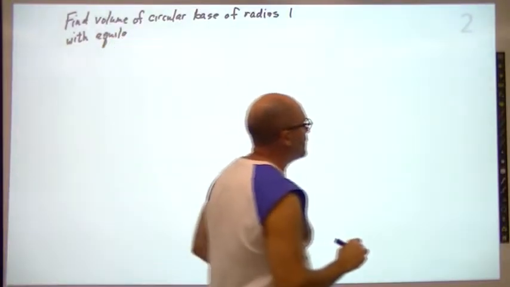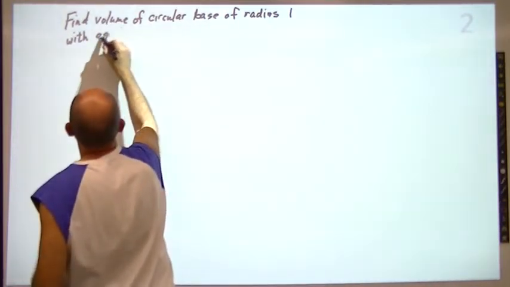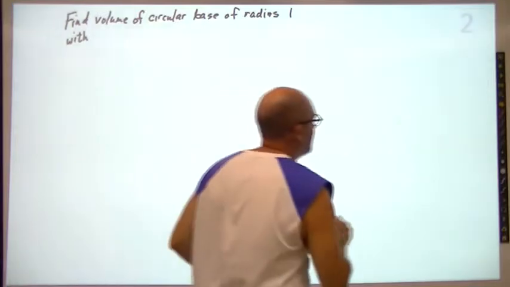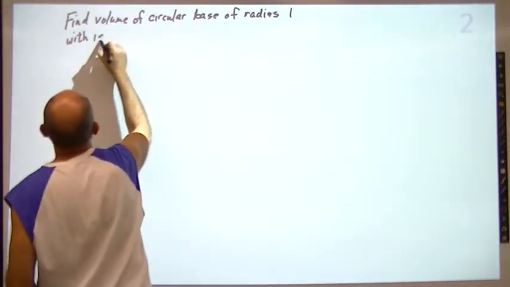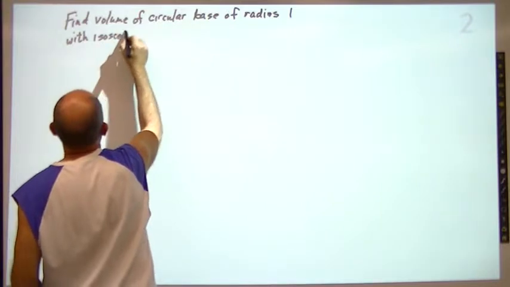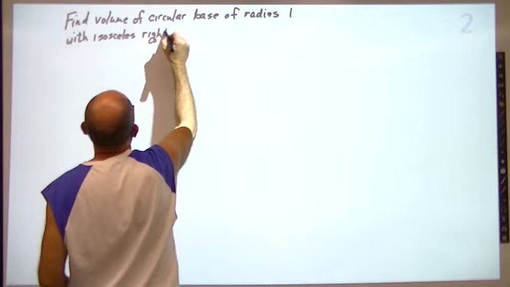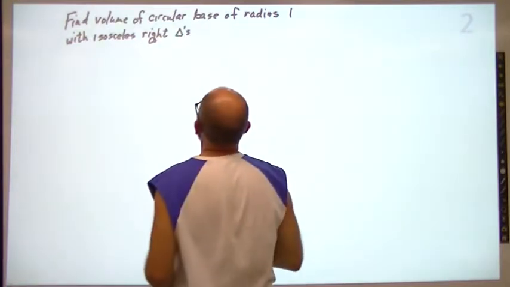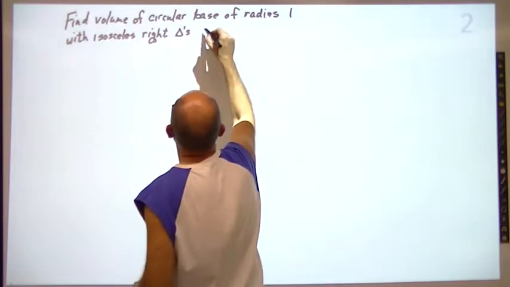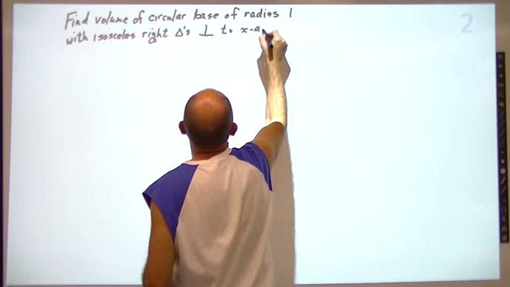Now, you know what? Before we do equilateral, let's do right triangles. So we'll do isosceles, with isosceles right triangles perpendicular to the x-axis.